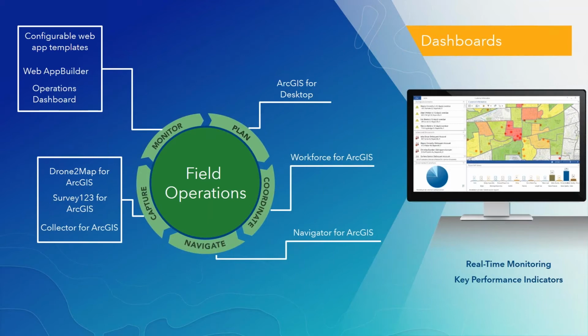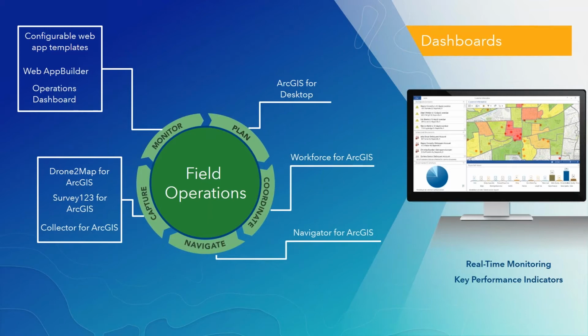And you can configure these dashboards even before you begin collecting. You can configure a number of different dashboards for a number of different purposes. A few key features: they're really easy to create, and they can help you track the progress of your field operations.